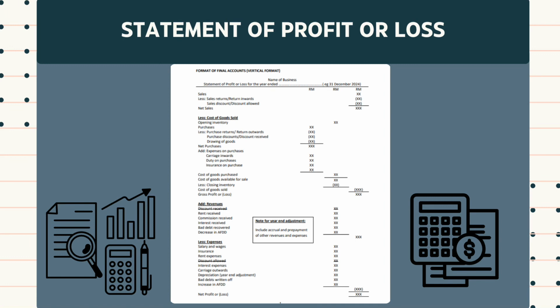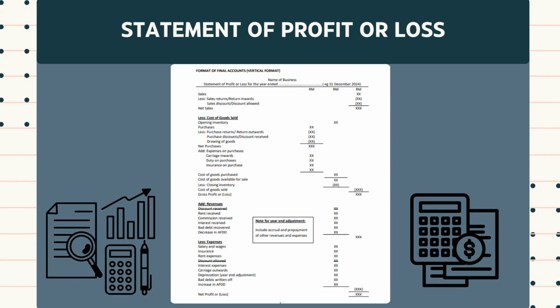After accounting for operating expenses, we then consider other income and expenses such as interest income or expenses which are not part of daily operation. The result is the net profit before tax, EBT.